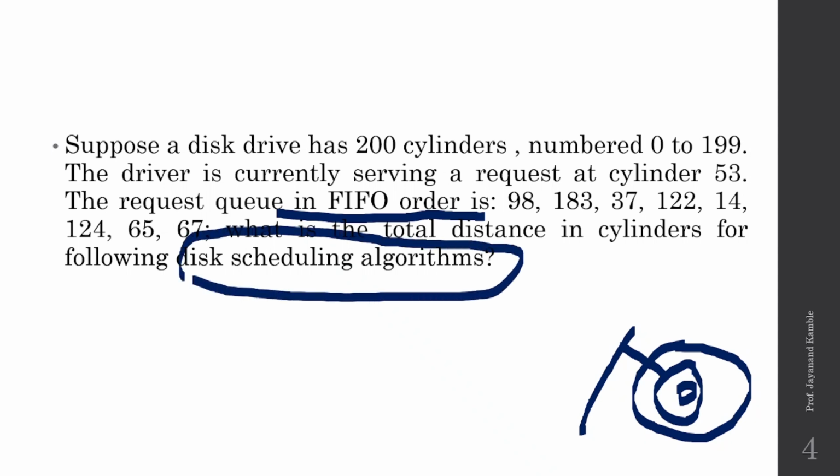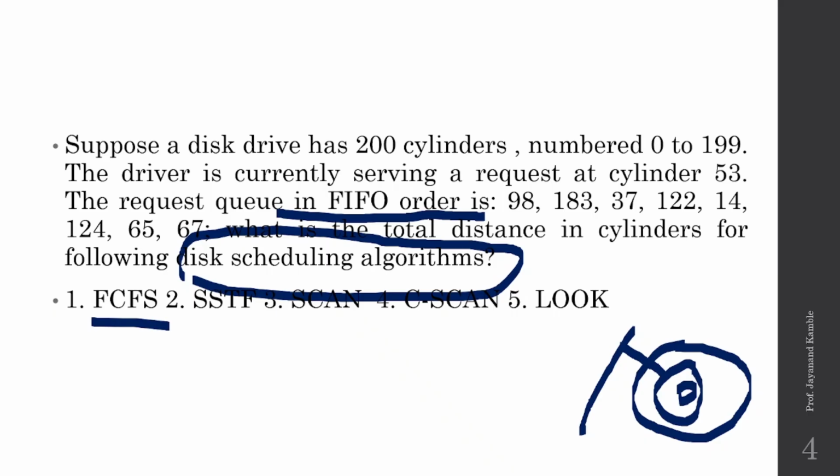Here we will be talking about different disk scheduling algorithms such as FCFS, that is first come first serve, SSTF, SCAN, C-SCAN and LOOK. We begin our discussion with the first scheduling algorithm, that is FCFS.